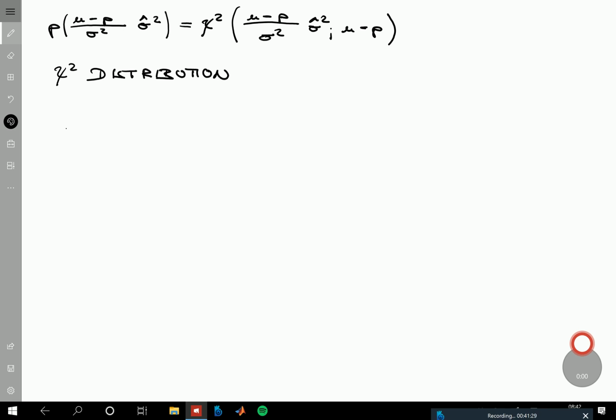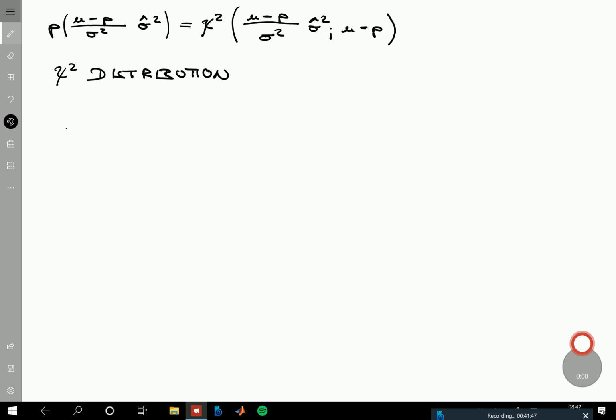Because maybe this is the first time you really see a chi-squared distribution. A chi-squared distribution is the distribution of the square of a standard normally distributed random variable.